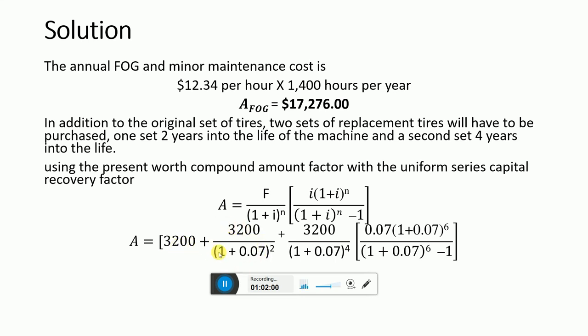This is when 2 years have passed, and this is when 4 years have passed, or we can say when 2800 hours have passed, and when 2800 plus 2800, 5600 hours have passed. So we can use this formula. That's why it's 2 years, and 5600 hours is 4 years. That's why we are using this. And in this formula we have I as 0.07, and N is the whole total time, 6 years.